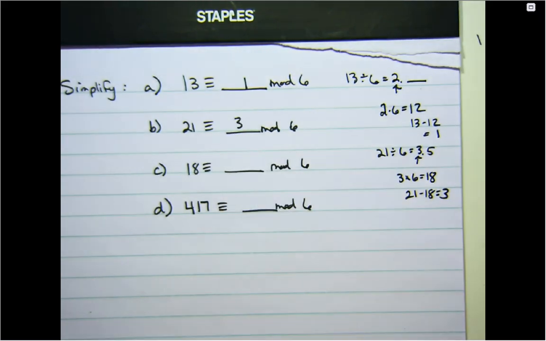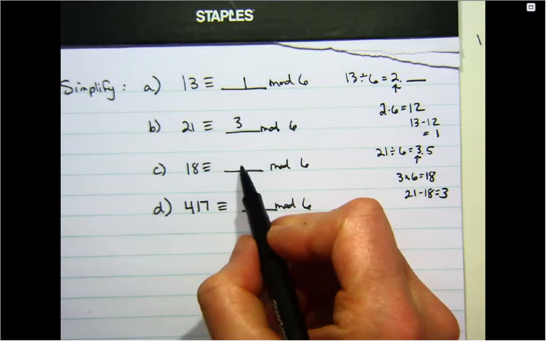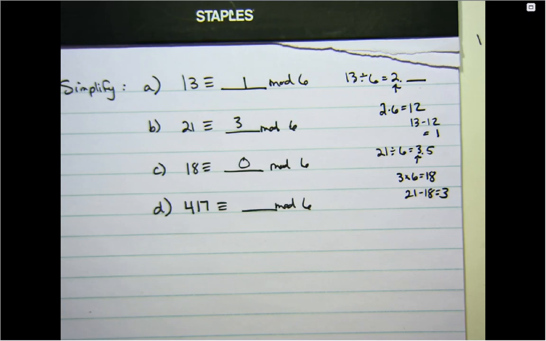So that's how you take multiples of 6 away from the 21. You find out how many whole times the 6 goes into the 21, and subtract those away. So 6 times 3 is 18, so we're going to get 0 there.